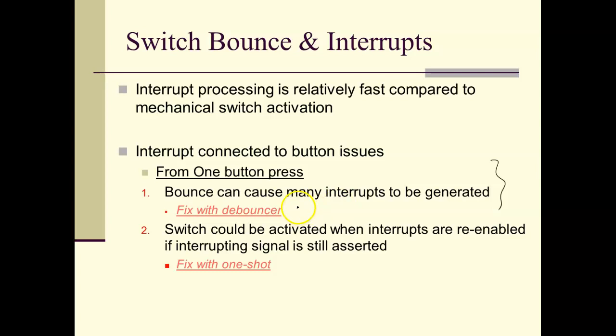Essentially, we can fix that in either hardware or software with a debouncer. For this experiment, we're going to do a hardware debouncer. Also, we have the issue of the interrupt signal being too short or too long. We're going to fix that with another piece of hardware that we call a one-shot.